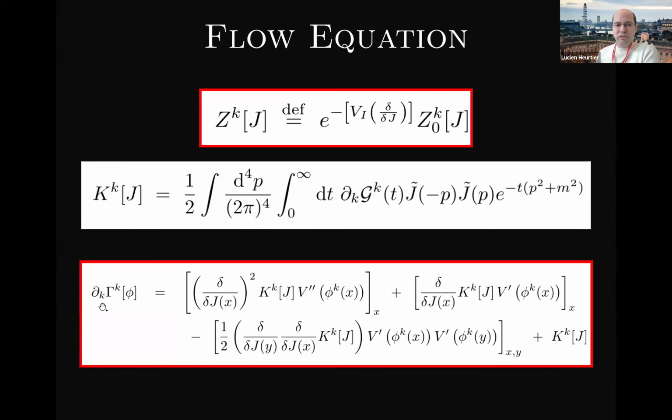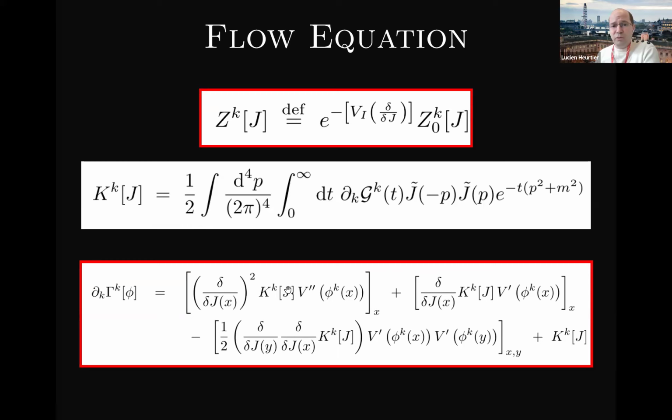So this is the flow equation for the effective action. And those are expressions which are nothing but derivatives with respect to the current of this k function, which I wrote above. This k function is a momentum integral, so that looks a little bit like the trace which appears in the Wetterich equation, just that it has this Schwinger parameterization in it.